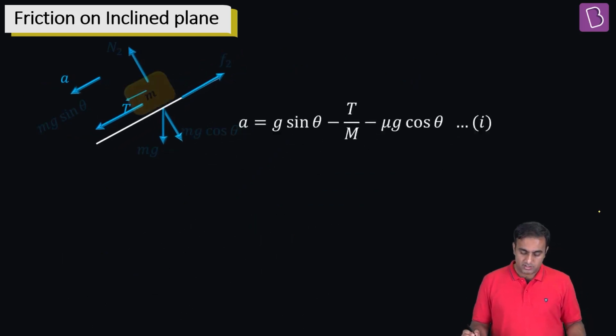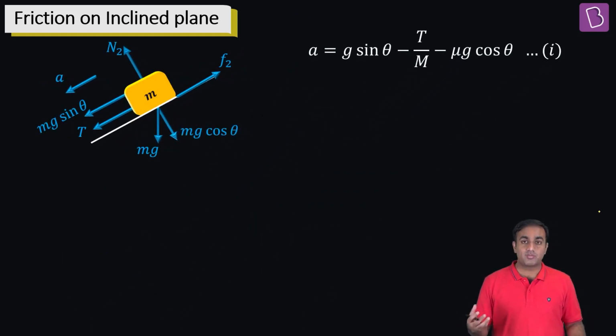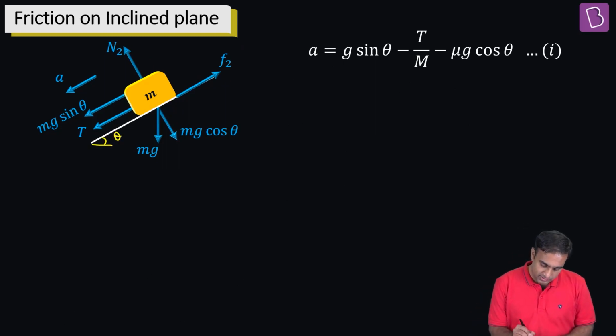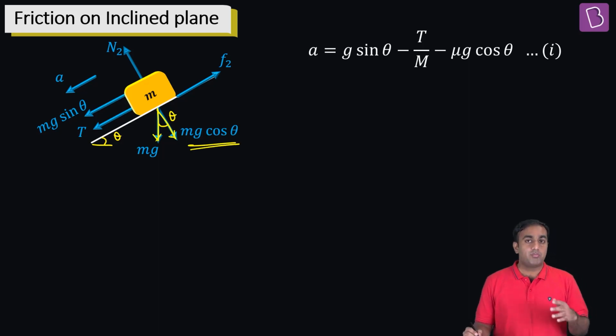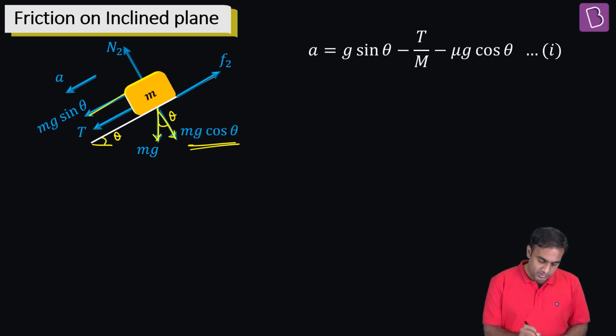Now let's look at the other block of mass small m. Which are the forces acting on it? This is theta as well. This gravitational force mg. Component of that perpendicular to the inclined plane is mg cos theta. Parallel to the inclined plane is mg sin theta.